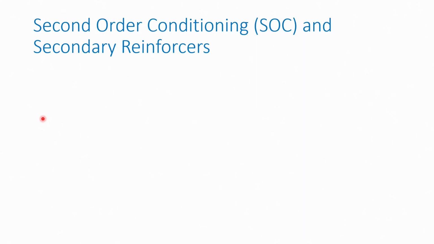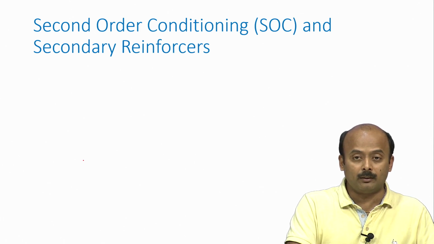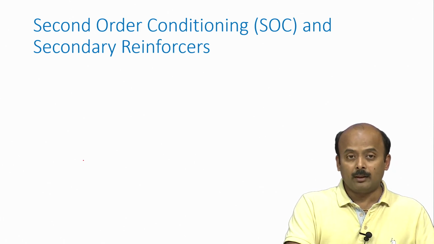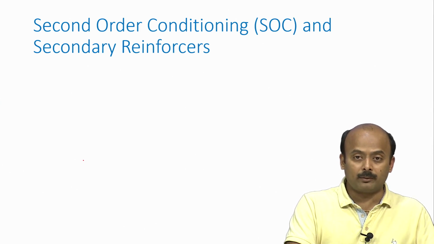What we are going to talk about now is secondary reinforcers. In this context, it is important to get the notion of an important way of conditioning an animal, called second order conditioning.